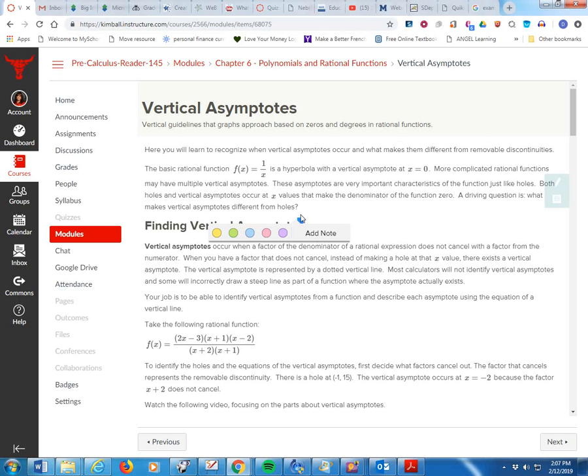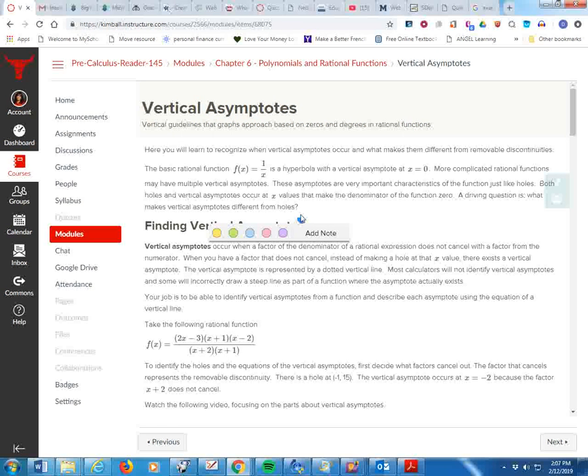Okay? So you're going to be evaluating just the exponents of your leading term in the numerator and the denominator. The 3 cases are the degree in the numerator is greater than the denominator, the degree in the numerator is equal to the degree in the denominator, and the degree in the numerator is less than the degree in the denominator. Those are your 3 cases.